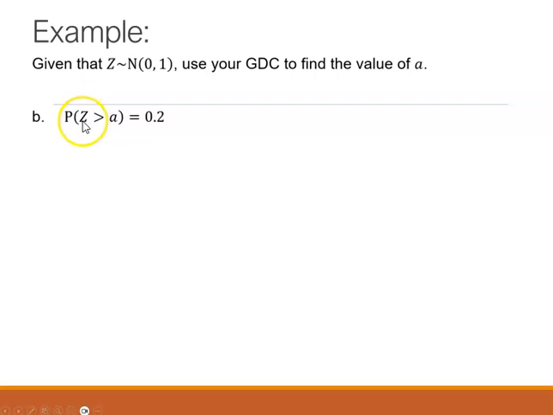What if it's now the probability that z is greater than a is equal to 0.2? Inverse norm will only do less thans. How are we going to do this? We're going to write a complement.